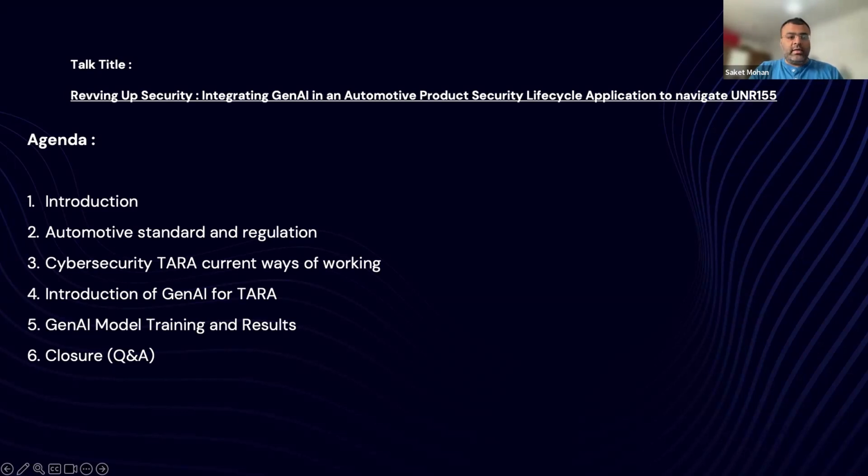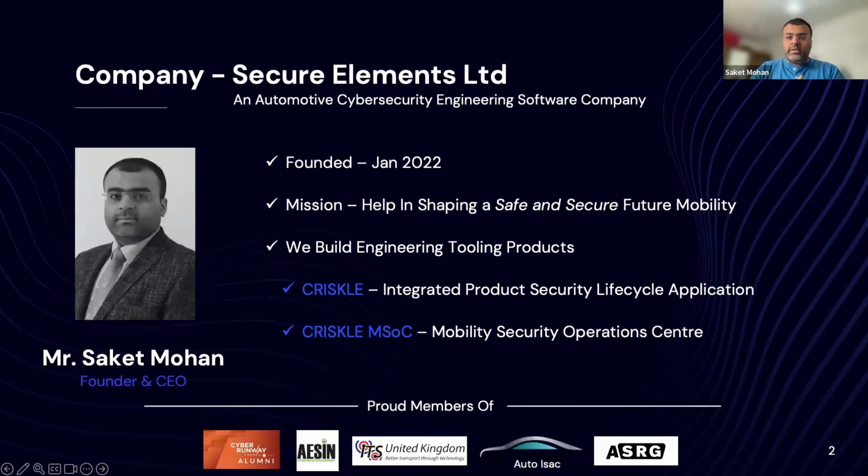TARA is threat analysis and risk assessment. And then we go into the details of application of generative AI in that TARA in some aspects. And I'll also try and share some learnings we have got from initial model training. And finally, we'll open up for questions and answers. So that's where we are at.